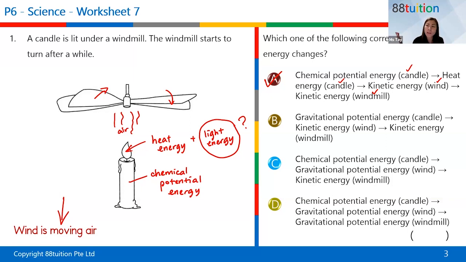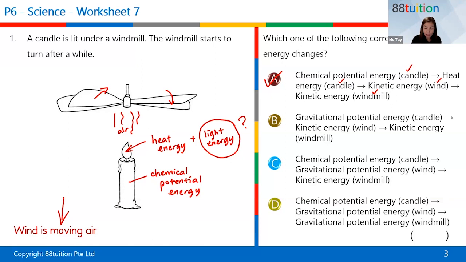After that, they will start asking, how come not all the chemical potential energy of the candle is converted to the kinetic energy of the windmill? Remember energy cannot be destroyed, energy cannot be created.